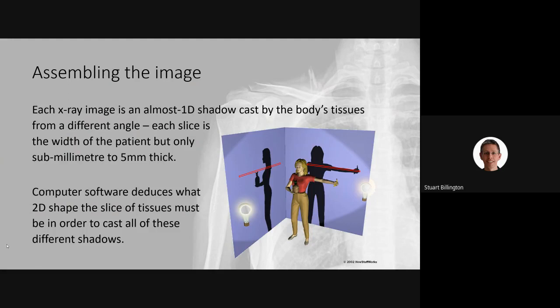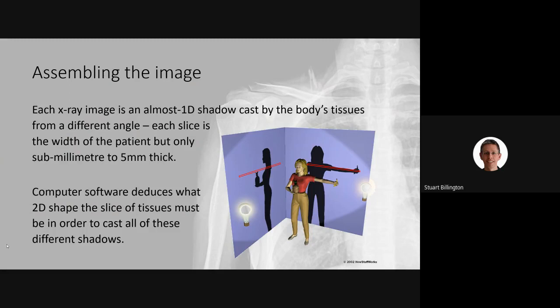And what the computer effectively has to ask is, it's got 1,000 shadows from 1,000 different angles, and the computer has to work out what shape the 3-dimensional object has to be so that it casts those 1,000 shadows from those 1,000 angles. So you can see where the C in CT scan comes from.